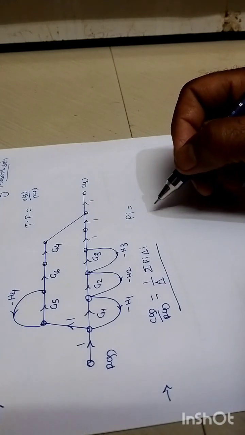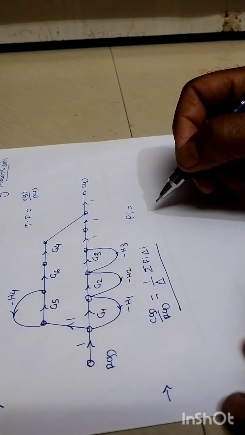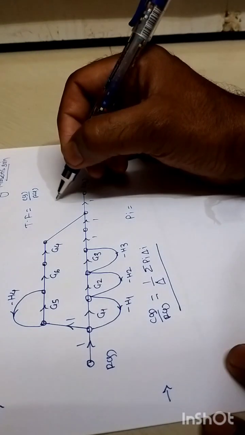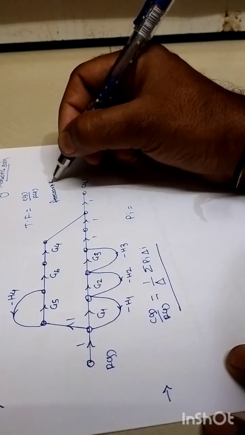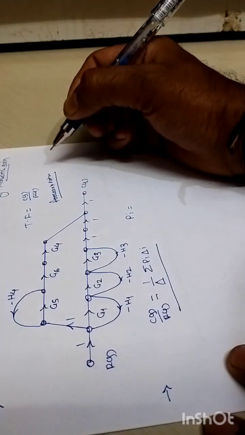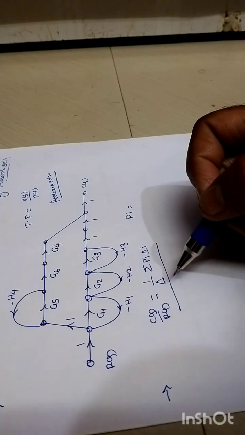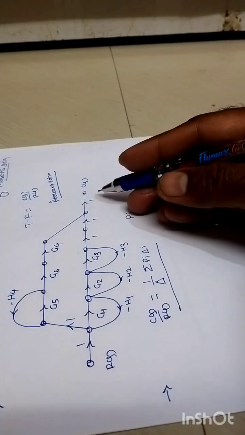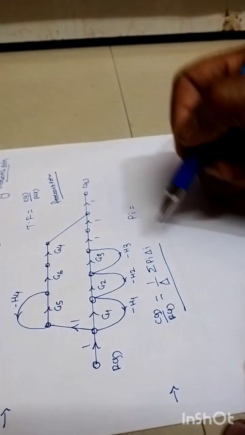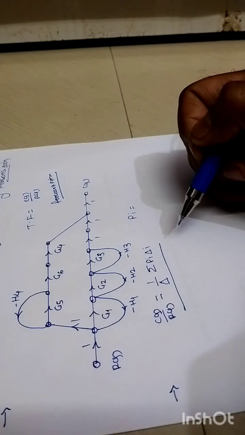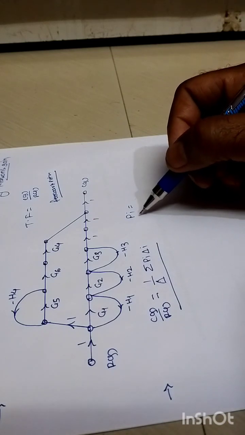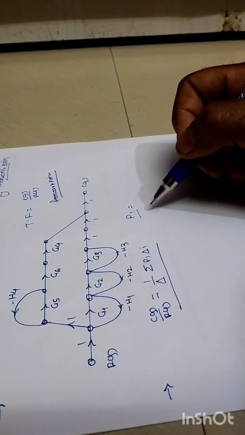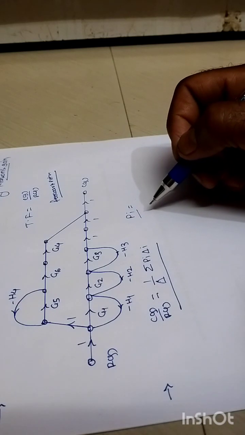So the first thing we need to determine is how many forward paths we have. A forward path is how we can complete our journey from input to output in this graphical representation. We can have n forward paths, and the gain of each forward path is denoted by P suffix i.